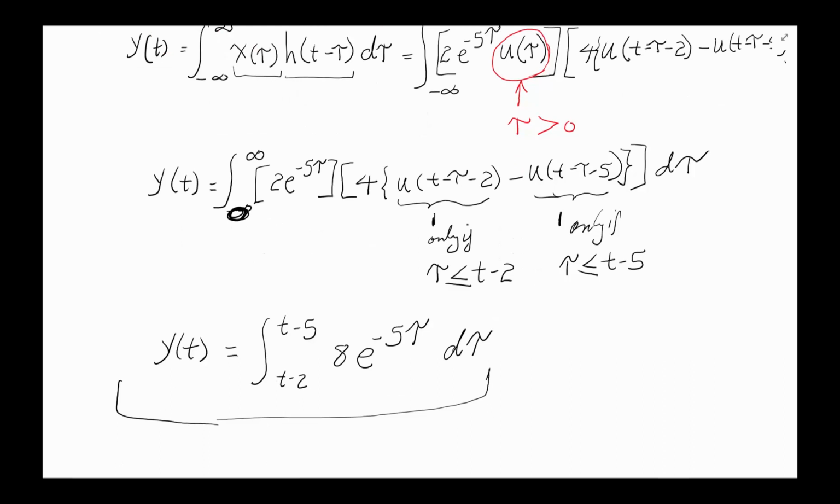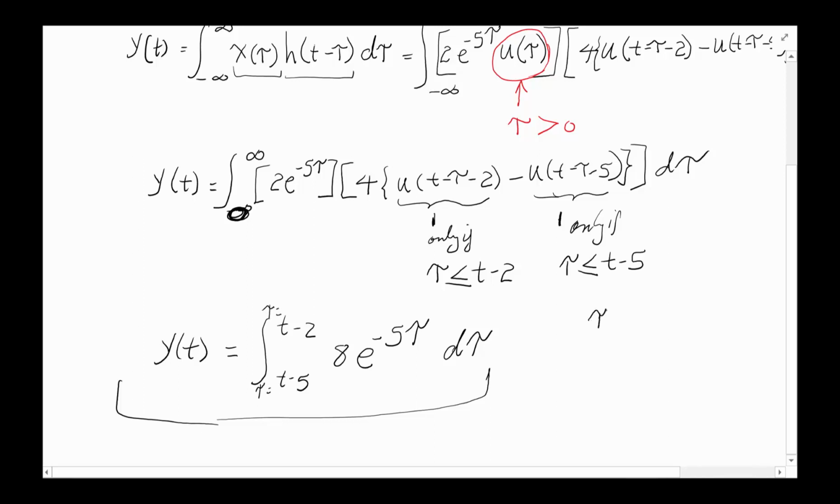One minor correction I should make at this point is that, if you're going to write it correctly, this should be from t minus 5 to t minus 2. As I mentioned earlier, when you write an integral like this, you're saying tau is going from this value to this value.